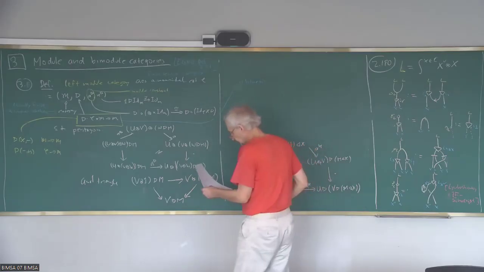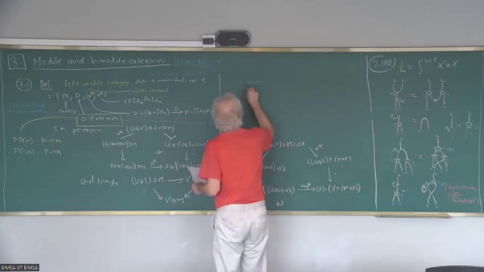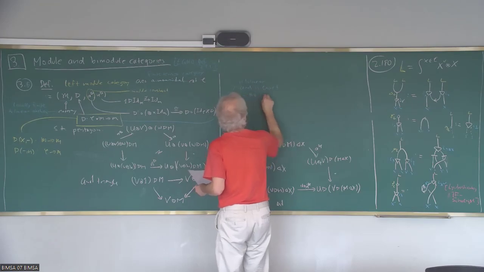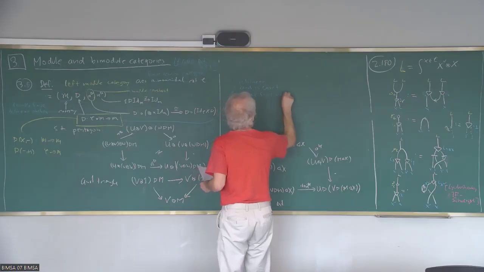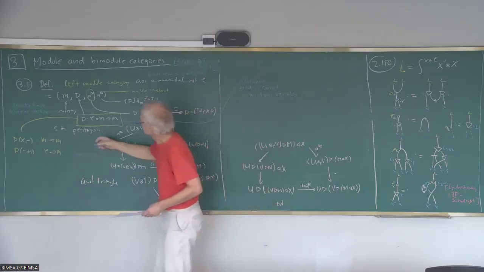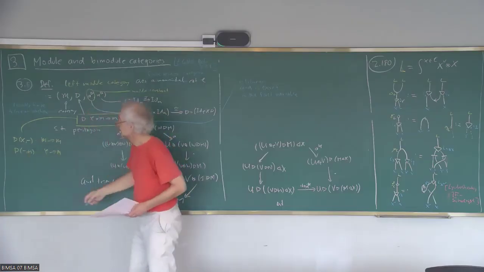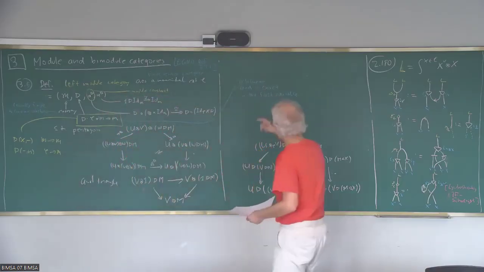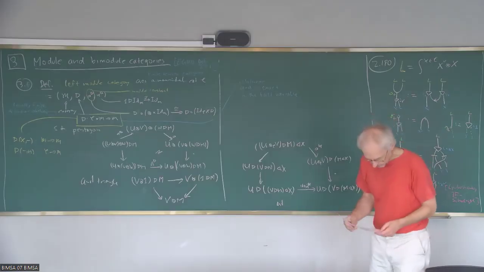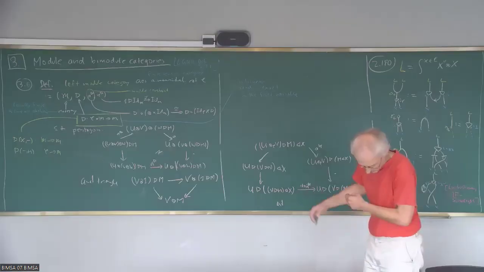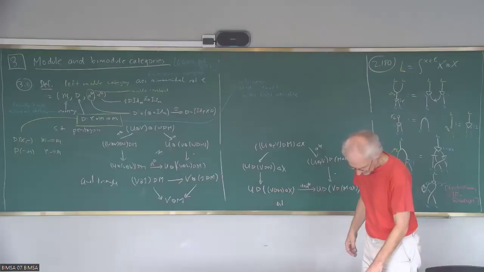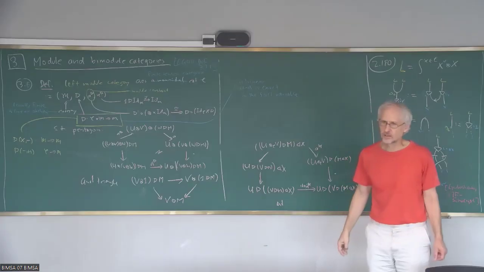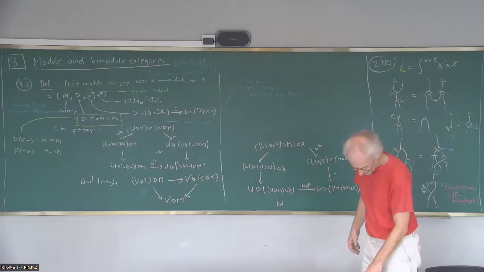I will always require such things, but also that it is exact in the first variable. Meaning that if we fix the second variable, then for any choice of M, this functor is exact. Actually, one can show with another exercise that the action functor with this definition is then automatically also exact in the second variable. So also these functors here are all exact.